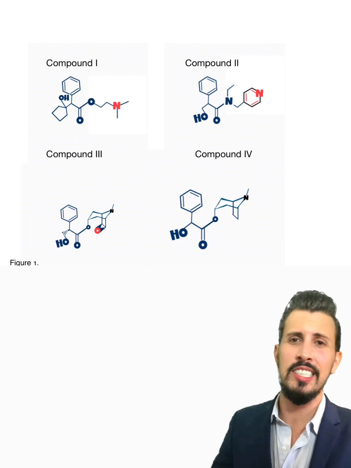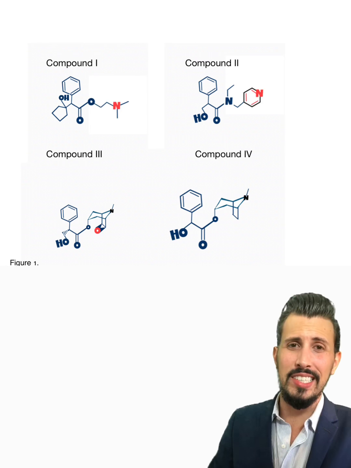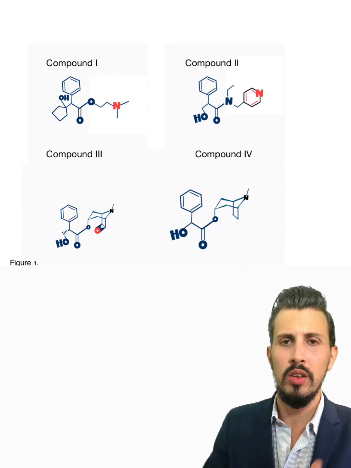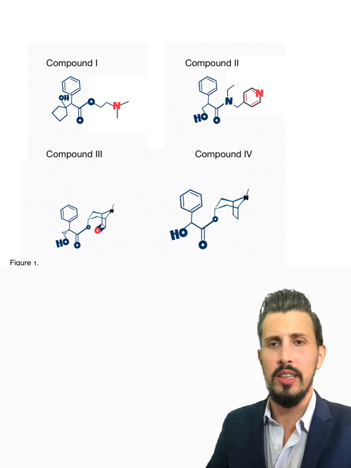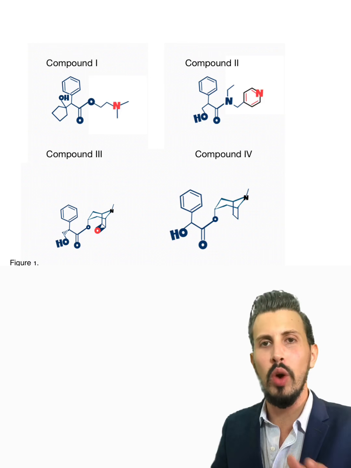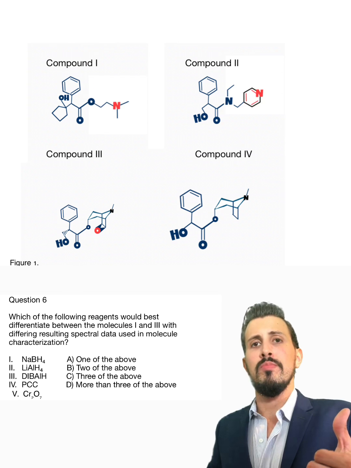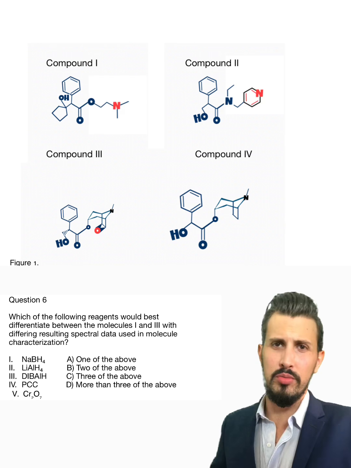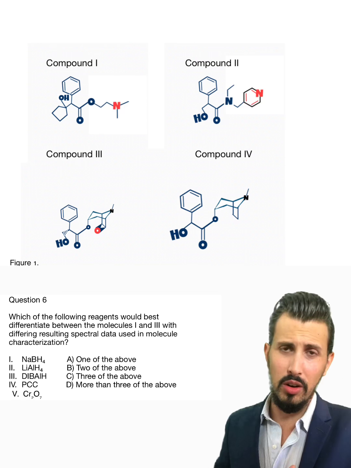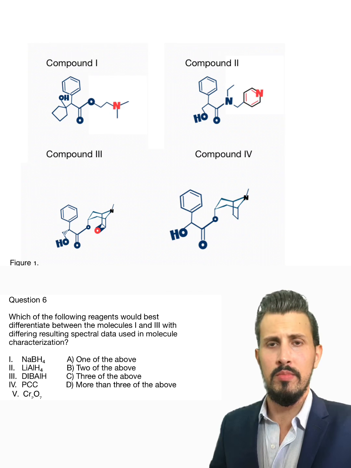With question number 6, we're looking at which of the following reagents would best distinguish between molecules 1 and 3. Notice that there's a lot of different functional groups, but commonalities and what we want to focus our attention to would be the alcohols and the carbonyl groups. Notice that all of their reagents are oxidative or reductive reagents.